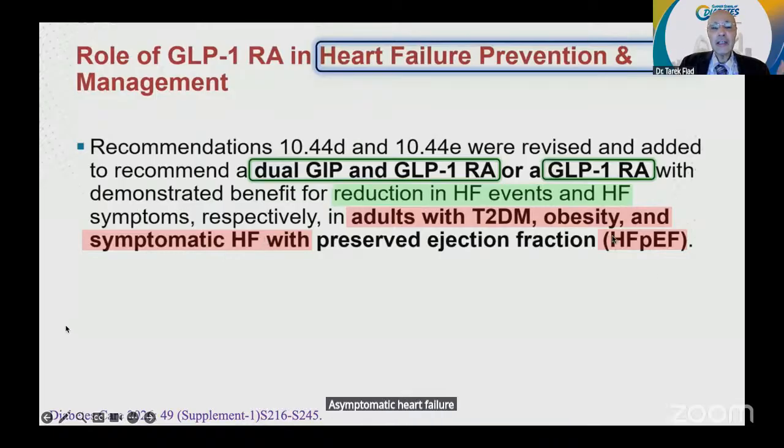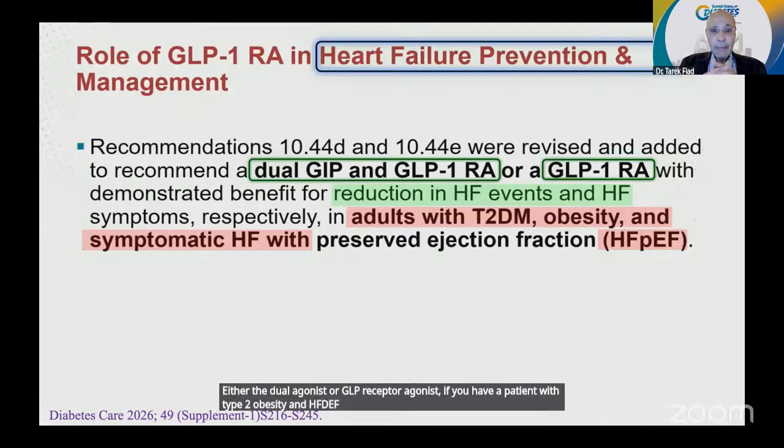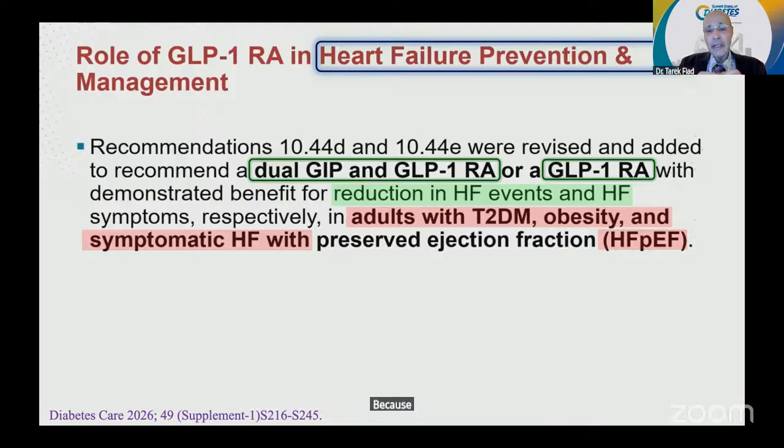So the guidelines recommend either the dual agonist or GLP receptor agonist if you have a patient with type 2 diabetes, obesity and HFpEF, because it's going to reduce the future events as well as cardiovascular death. What is the evidence for that?